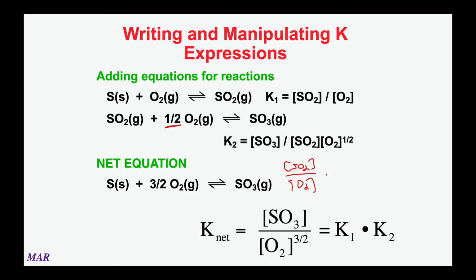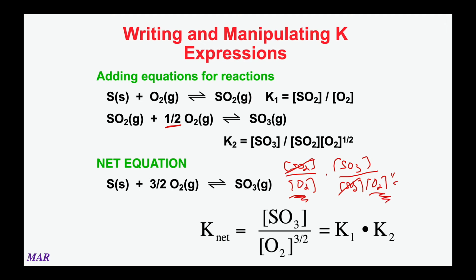And K2, excuse me, is SO3 divided by SO2 and O2 to the 1/2 power. So we're multiplying these both together. You can see the SO2 divided by SO2 cancels out, so no SO2. And we have here an oxygen to the 1 power and an oxygen to the 1/2 power.